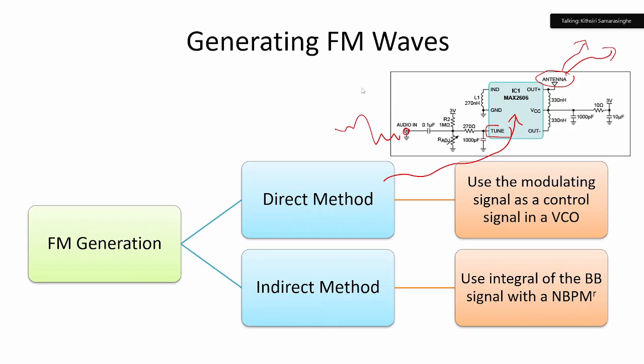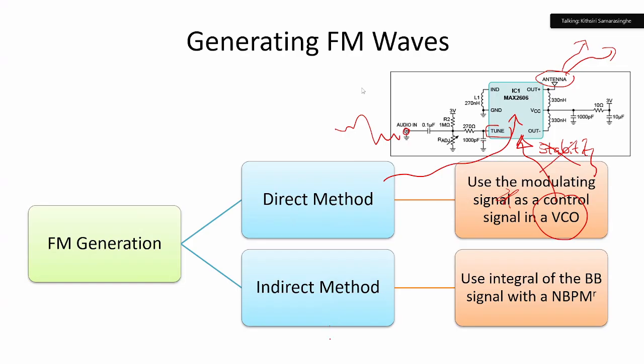These are VCOs, voltage controlled oscillator ICs. They use tuned circuits. They don't use any crystals. Therefore, their frequency stability is poor. The center frequency may drift. You can only use that within your home and small distances, but if you are going public, the frequency stability is not good enough or not within specifications.